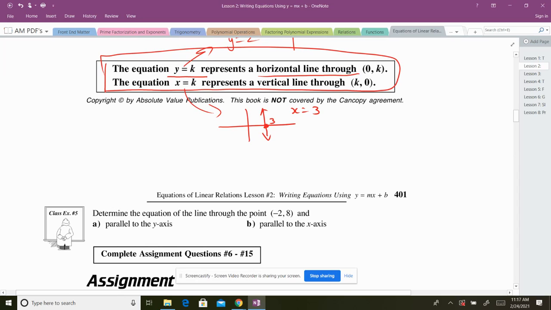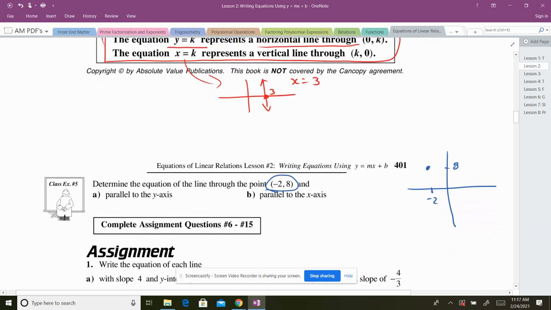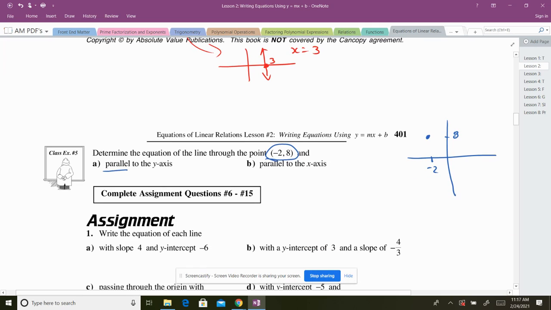So, last bit here for the day. We have a line that goes through the point -2 and 8. Okay? I'm just showing it on the graph. You don't have to do this. And they say it is parallel to the y-axis. So, what does parallel mean? Yeah, side by side, same slope, whatever you want to call it.